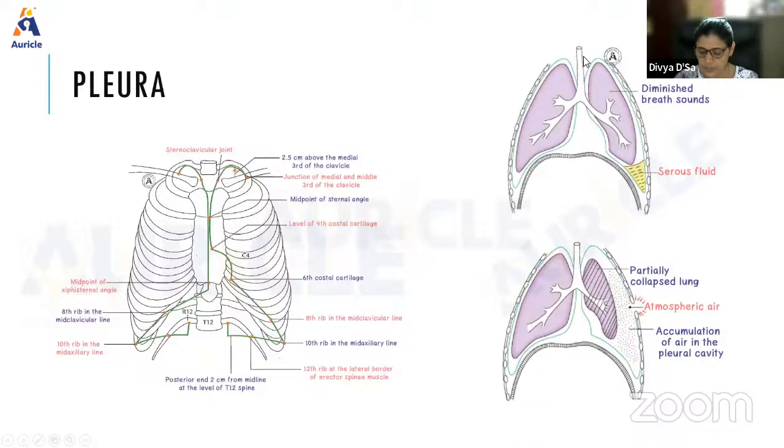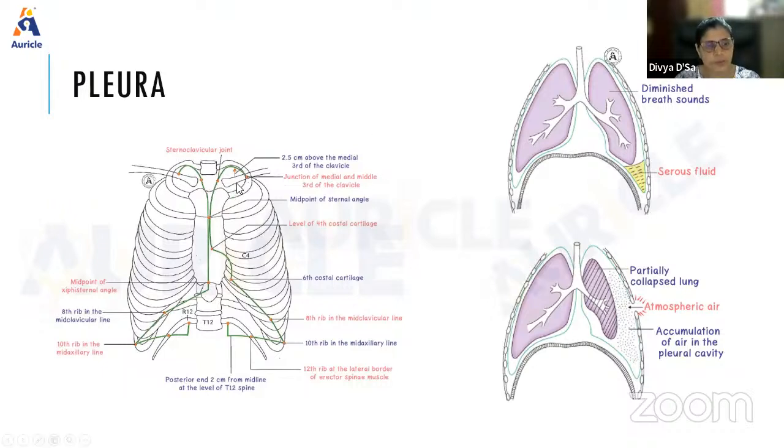This is important because when we are doing an intrathoracic needle aspiration or anything, if you have to put a needle in that area, we need to be very careful. Above that, it will be covered by a suprapleural membrane. So these are the things which you should know.